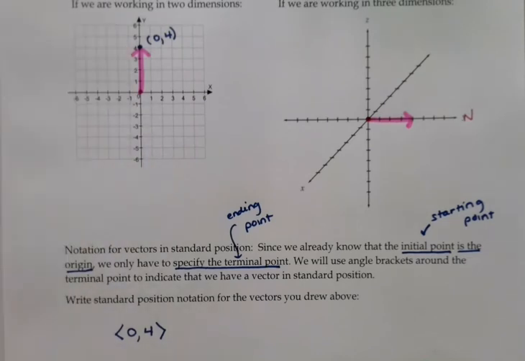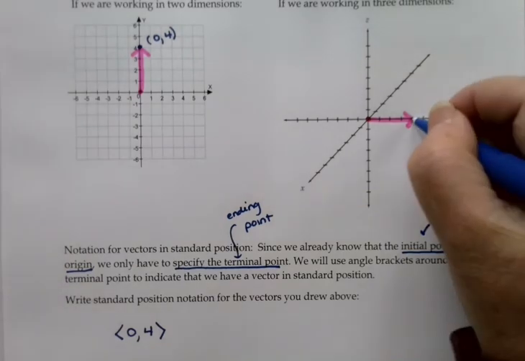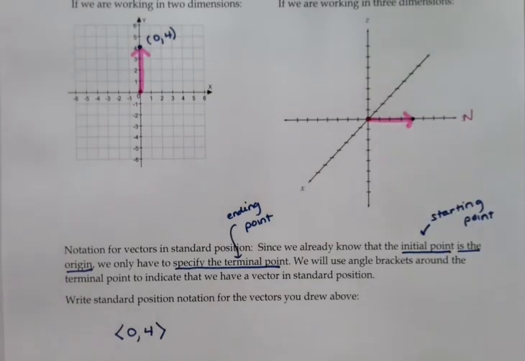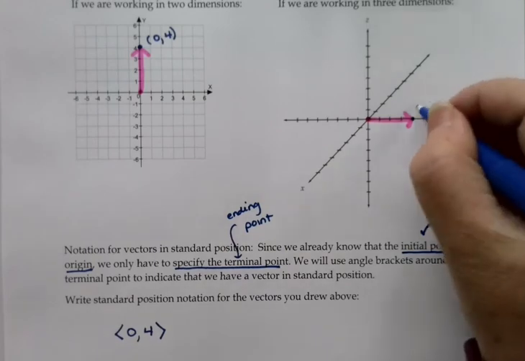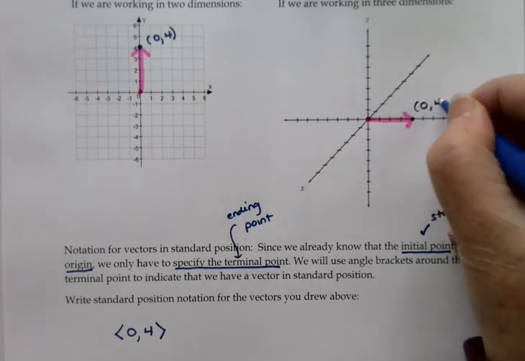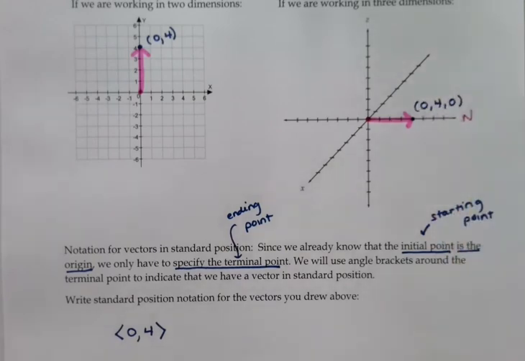I could do the same thing with the 3-dimensional one. In 3 dimensions, the terminal point for this vector would be 0, 4, 0. And therefore, the 3-dimensional vector in standard position could be written as 0, 4, 0 with the angle brackets.